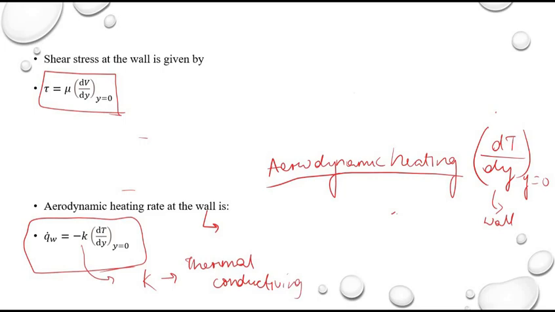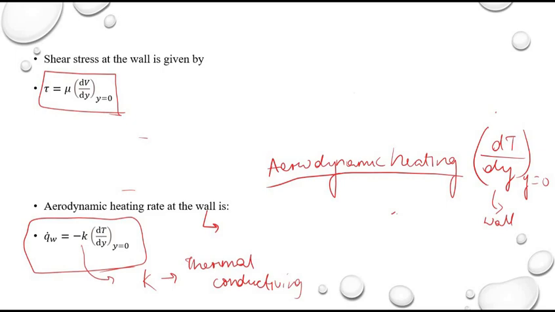What does this negative sign indicate? This negative sign denotes that heat is conducted from a warm region to a cooler region, in the opposite direction from the temperature gradient. What exactly does this statement mean? For example, if my temperature gradient is positive, the heat is transferring from the gas into the wall.